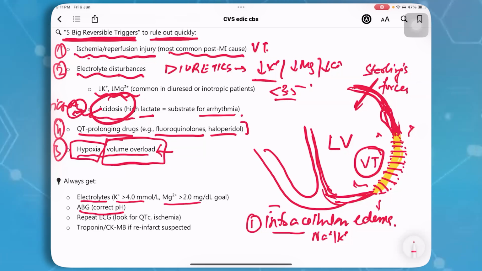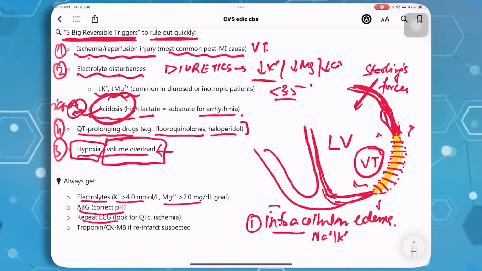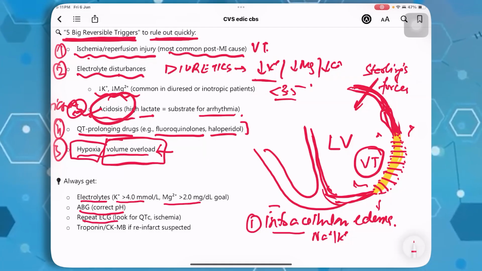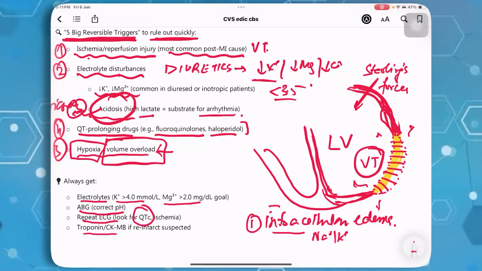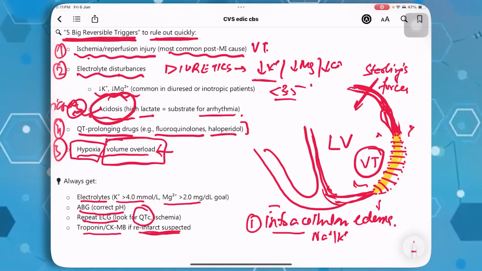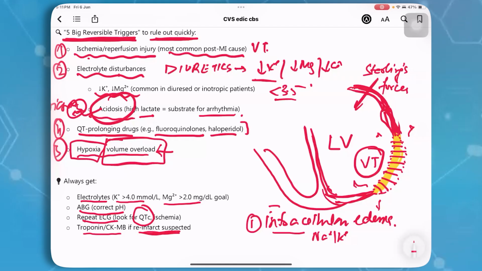ABG should always be corrected because any moment it can lead to arrhythmia. Keep doing ECGs in ICU as much as possible so that you do not miss a prolonging QTc. And of course, if you are suspecting a reinfarction inside the hospital, then do a troponin or CPKMB.